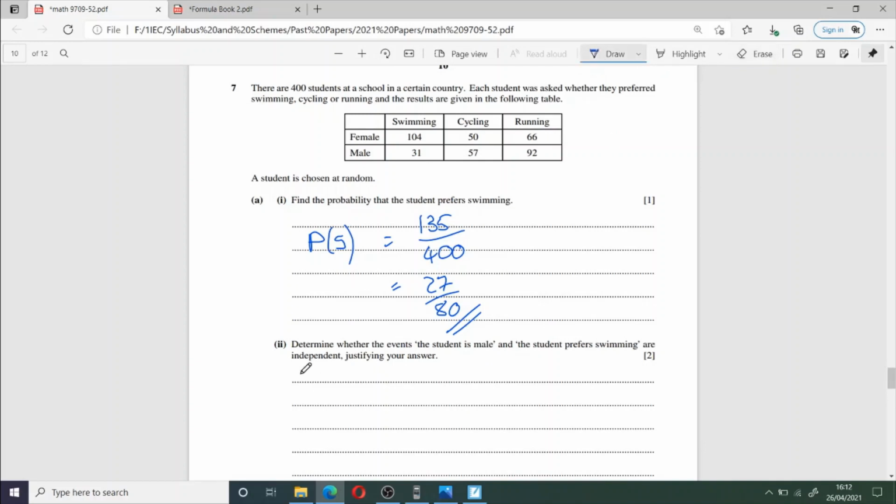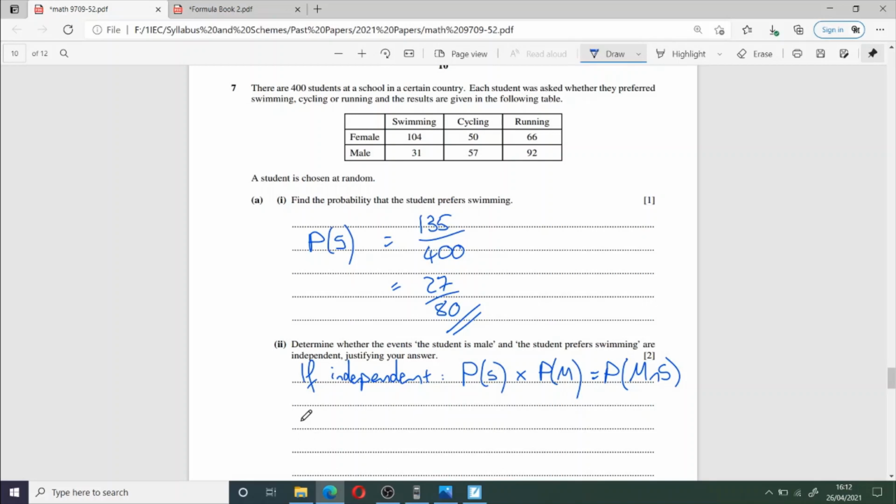If independent, P(S) times P(M) is equal to P(M intersection S). So that's what we're trying to prove if they are independent.